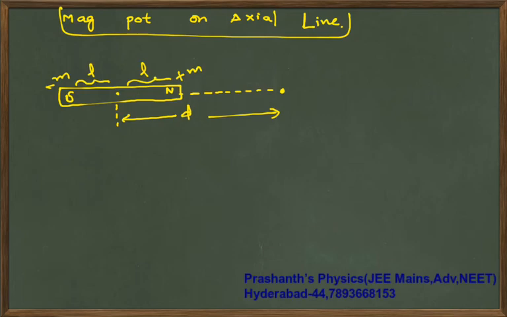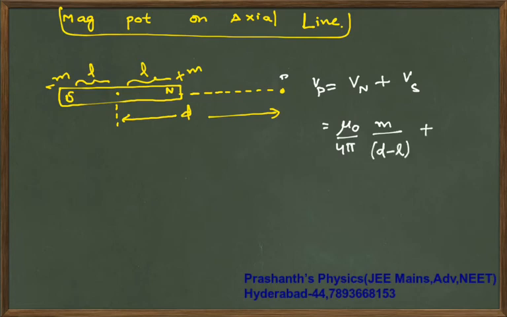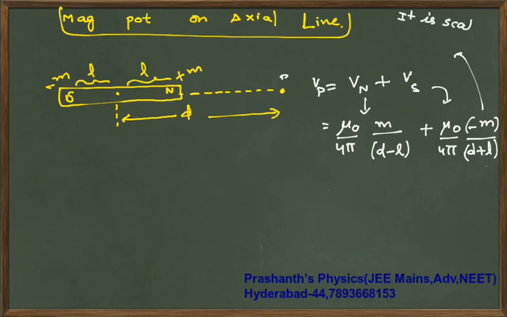Now your potential at point P is the potential because of the north pole plus the potential because of the south pole: mu naught by 4 pi into m by (d minus L), plus for the south pole mu naught by 4 pi into minus m by (d plus L). Remember, potential is a scalar quantity, so there is no direction and we have to keep the negative sign.